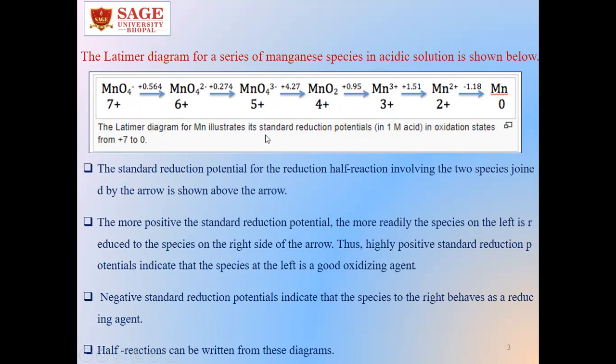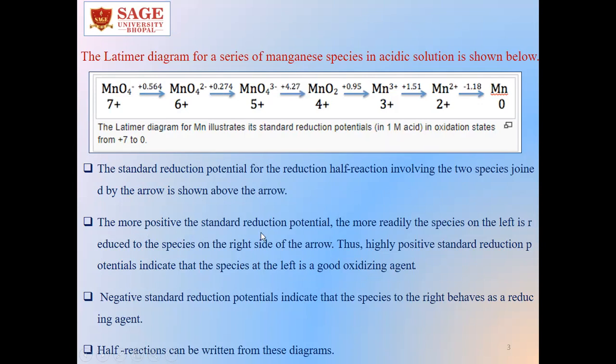The Latimer diagram for manganese illustrates its standard reduction potentials in acidic condition, in oxidation states from +7 to 0. The standard reduction potential for the reduction half reaction involving the two species joined by the arrow is shown above the arrow.